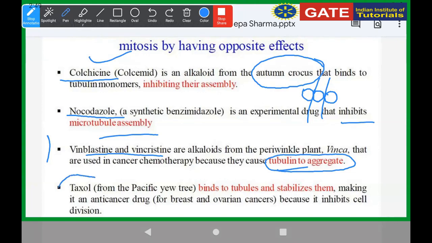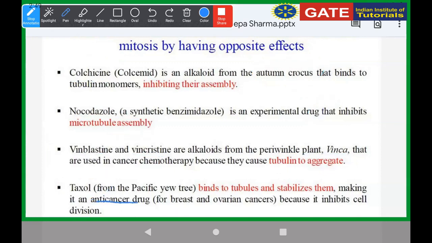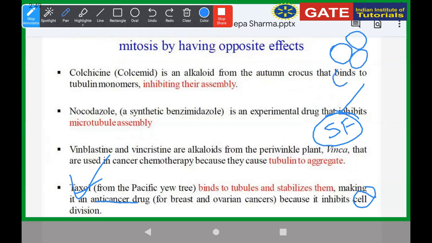Next, Taxol is an anti-cancer drug. Taxol inhibits cell division, because cell division takes place with the help of spindle fibers, but this drug inhibits the formation of spindle fibers, which inhibits cell division. In cancer, one cell becomes a tumor, and neighboring cells also become tumorous.